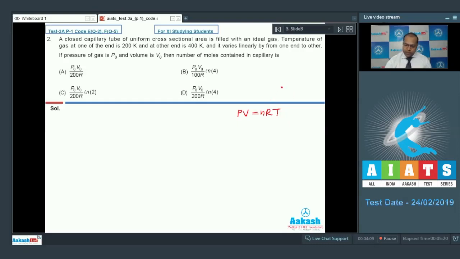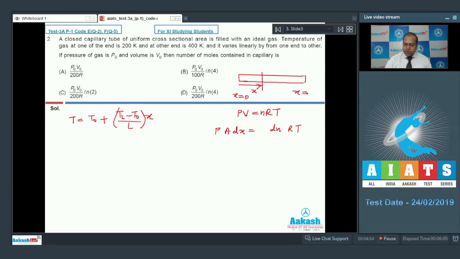So I can write this equation as P into volume, which I am writing as A dx, equal to dN into R into T, and T we can write as a function of x as T0, the temperature at x equal to 0, plus (TL minus T0) divided by L into x, as the temperature varies linearly along the capillary tube. Let this be at a distance x, where this is x equal to 0 and this is x equal to L.